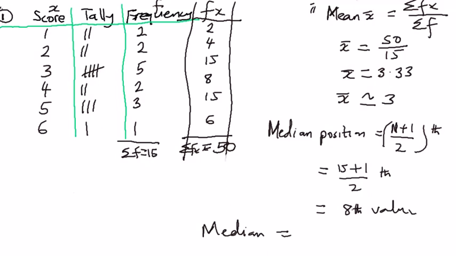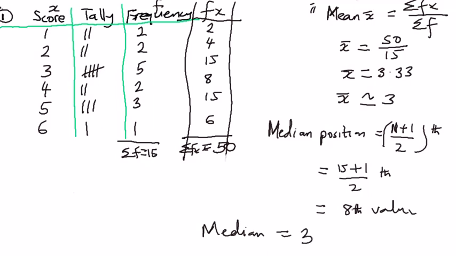Remember, this frequency shows that we have 2 copies of 1, and here we have 2 copies of 2. So the 4th position is here, so the 9th position will be here. So this is where the 8th position also falls into, and our median is equal to 3.